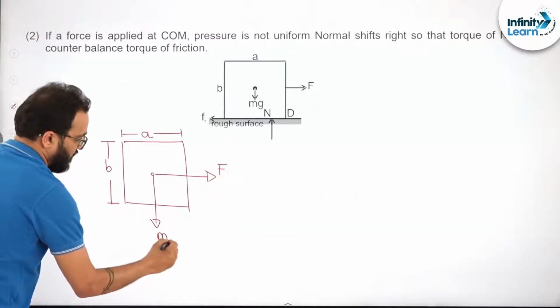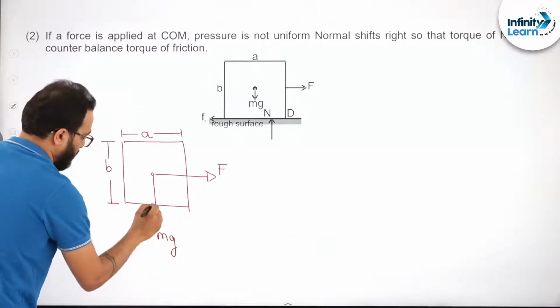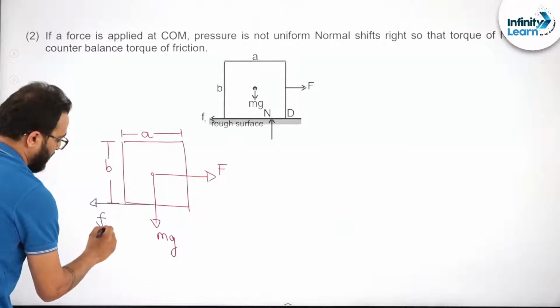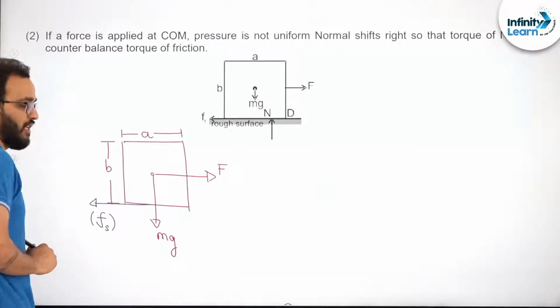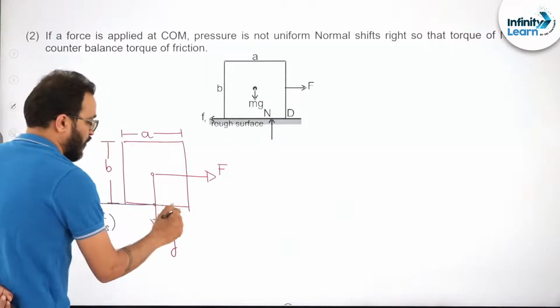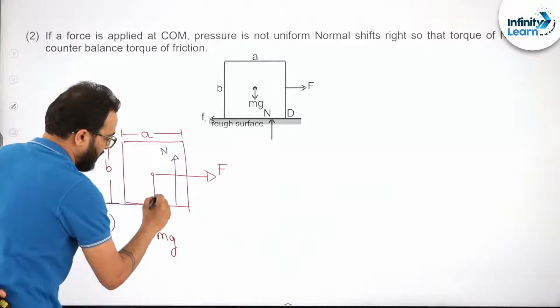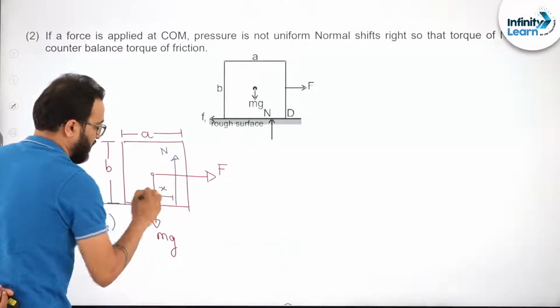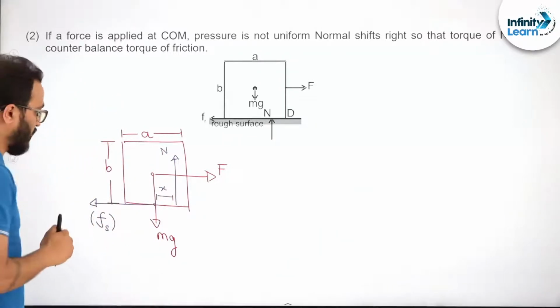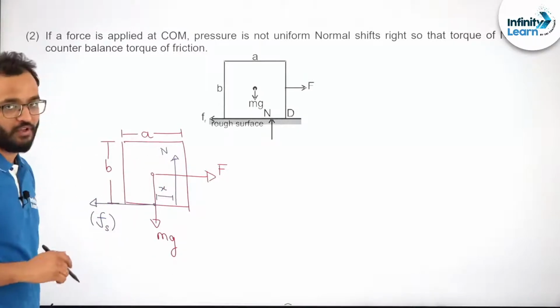Already there is mg here, and you have one more force, that is static friction in this direction. Now what we will do is say normal will shift its position, let's say by a distance x, such that the torque of this static friction is balanced by the torque of the normal.